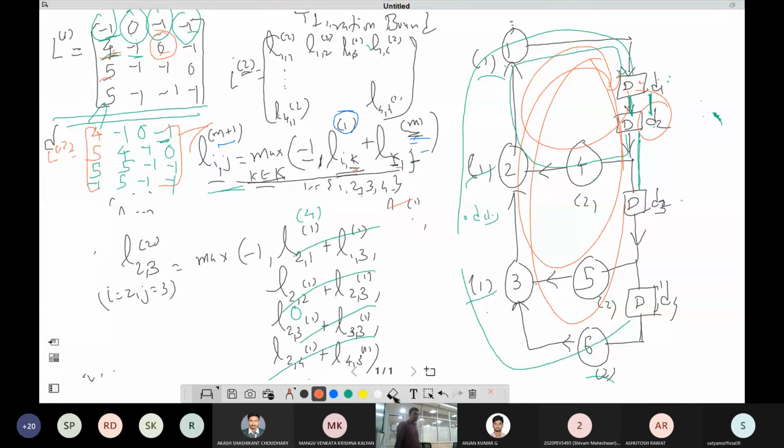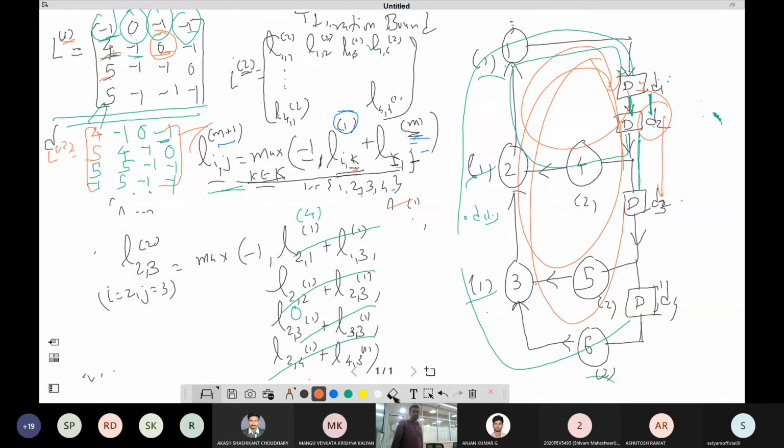For the previous matrix, you are talking about this matrix. For that, I have to start from D2 and go to D3, with in-between 0 delay elements. You are starting from D2 and going to D3, this path exists and there is 0 delay element. There is a path but there is no in-between delay, so that's why I have written 0 over here. Is it clear? Yes sir, okay sir.